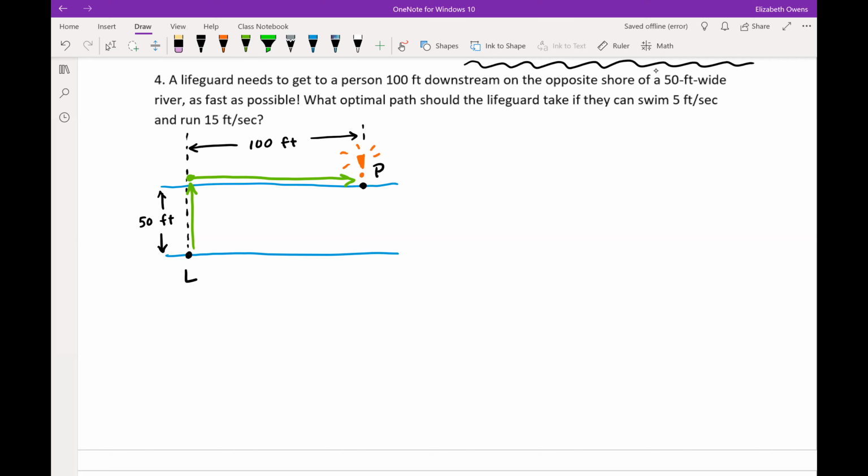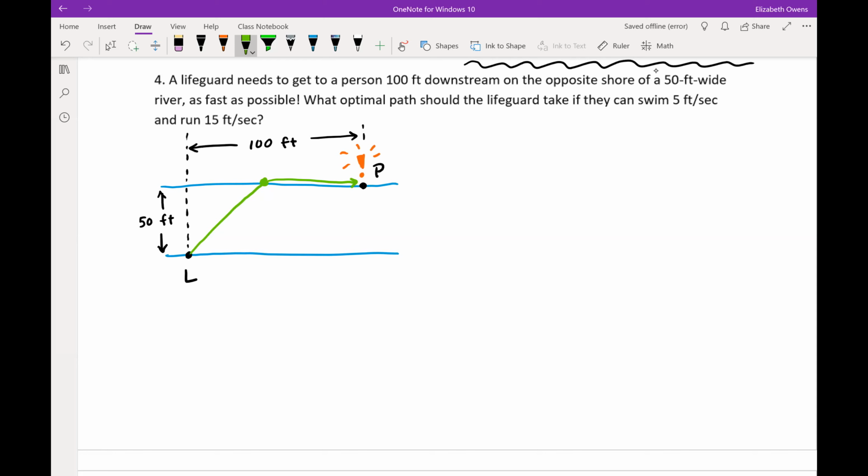That's another potential path. Or they could do something in between. They could swim part of the distance, land there, let's say, and then run the rest of the way down the shore to get to the person.